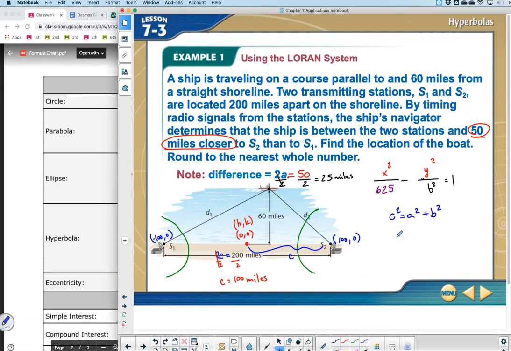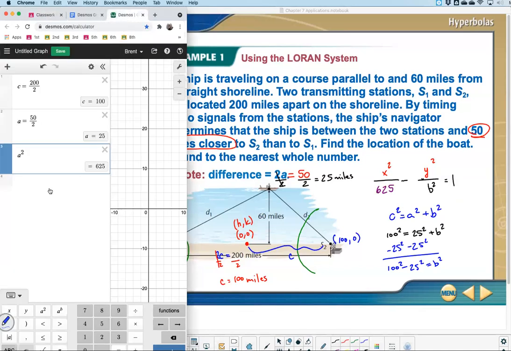You could plug in your numbers, but I'm going to use Desmos that is stored. Basically what I'm trying to solve is that 100 squared will equal 25 squared plus b squared. And so we will subtract that 25 squared from both sides. You can't combine like terms there. But 100 squared minus 25 squared will equal our b squared that we plug in right there.